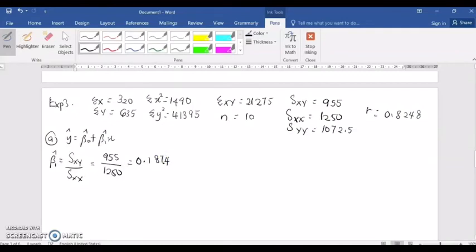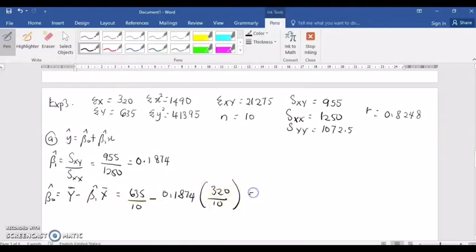The next one is our beta naught, which is y bar minus beta 1 hat x bar. So 635 over our n which is 10, minus beta 1 hat 0.1874, times our x bar, which is 320 over 10.